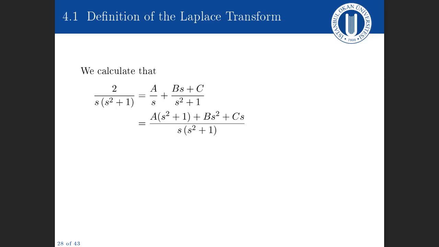Let's find a, b, and c. Put everything over the same denominator. Gather the terms together. I get a plus b s squared plus c s plus a. And that needs to be the same as 2. So a plus b must be 0, c must be 0, and a must be 2.